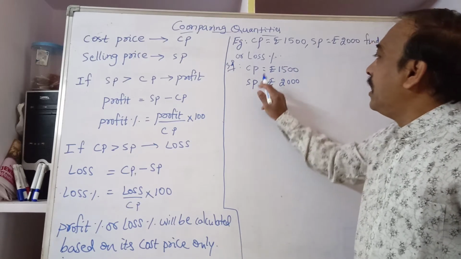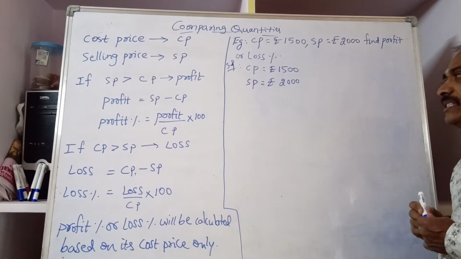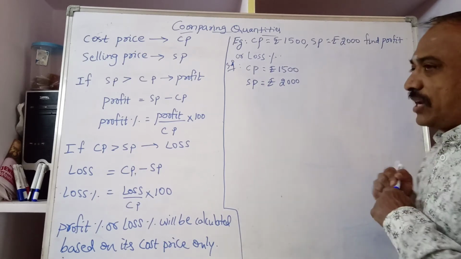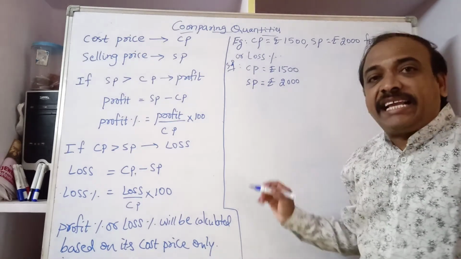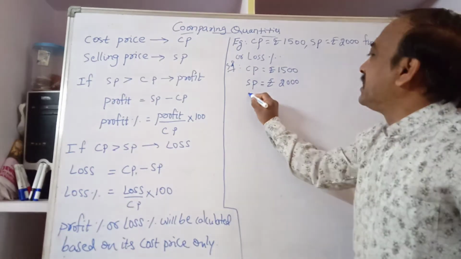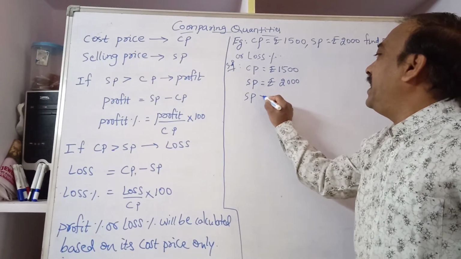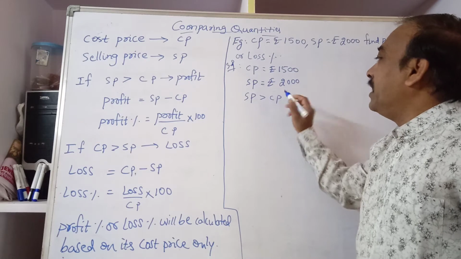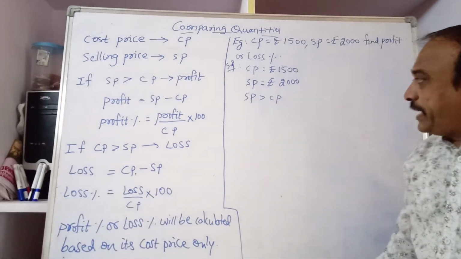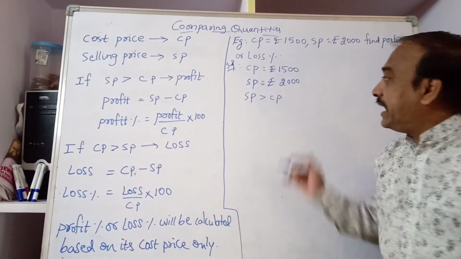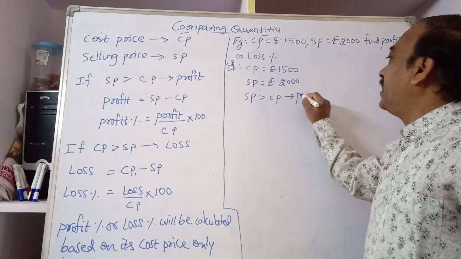Now you see here, which is greater, SP or CP? Yes, you are right. Selling price is greater than the cost price. SP is greater than CP. If SP is greater than CP, what will he obtain? Then he gets profit.